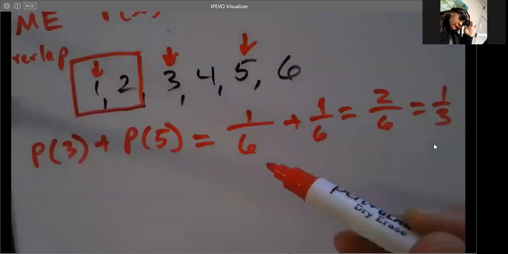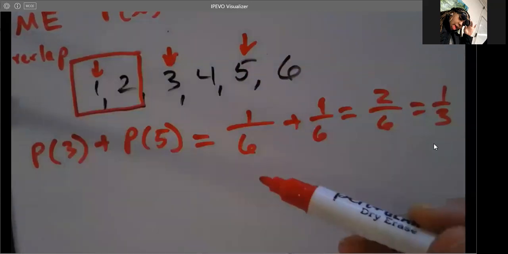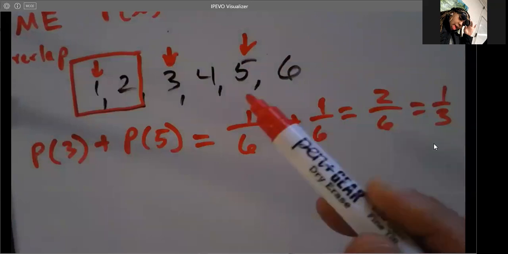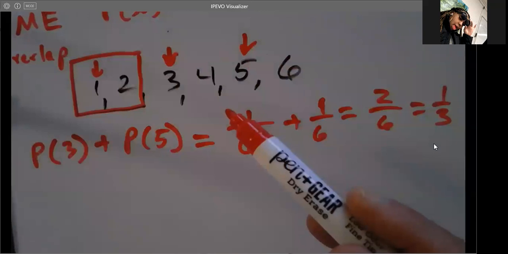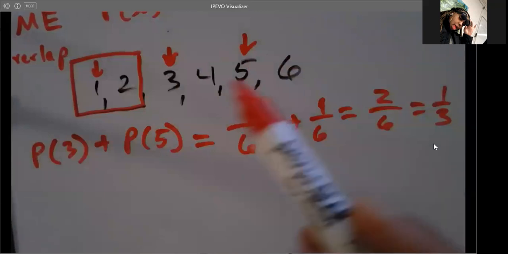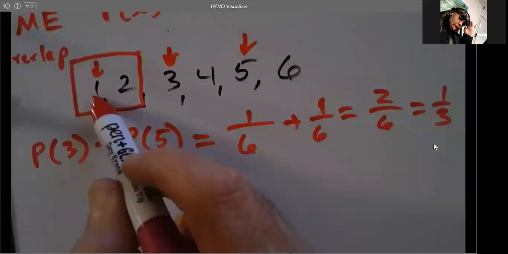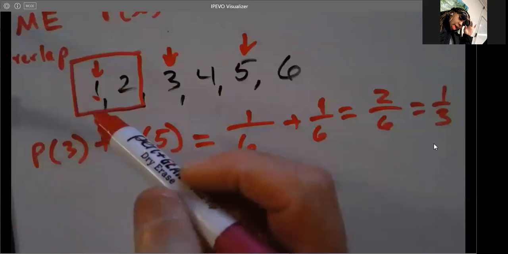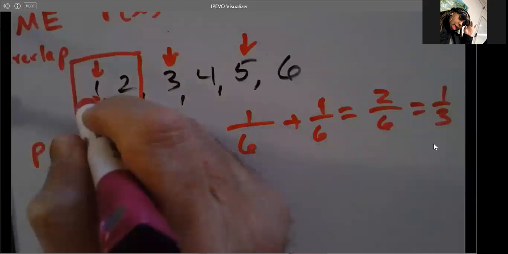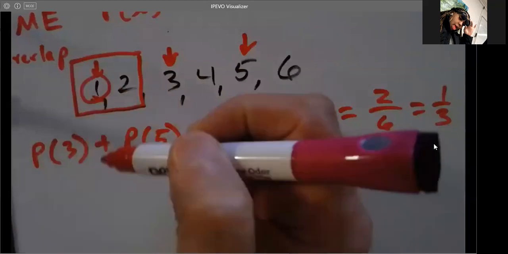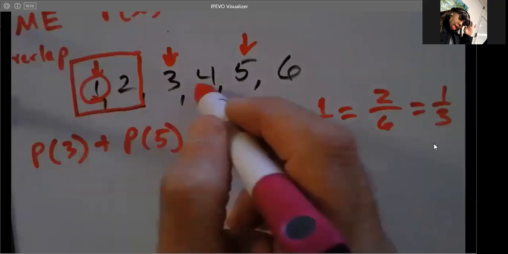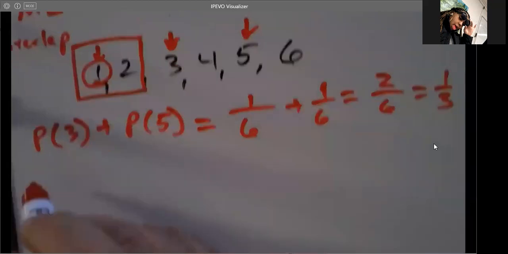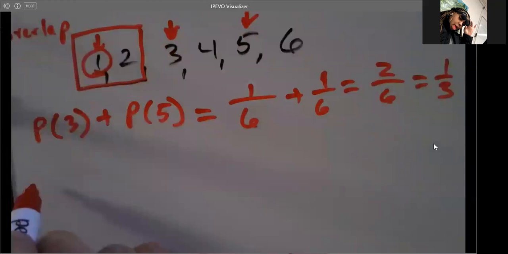So do we have anything that's both odd and a number less than 3? What about 1? Yes, 1's odd, right? And it's a number less than 3. So odd or number less than 3 are not mutually exclusive.